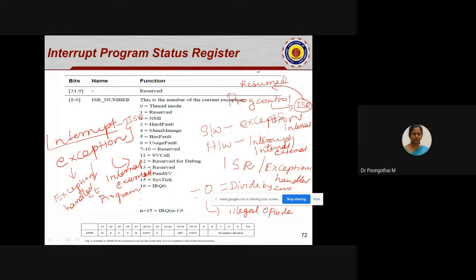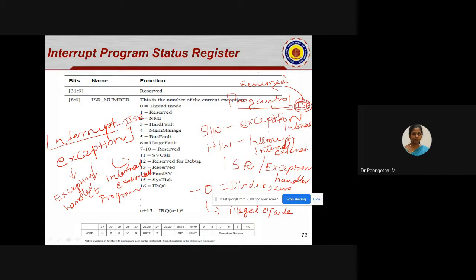Is that clear, students? Yes, ma'am. Once the interrupt or exception is activated, the processor stops its current activity and program control is transferred to the ISR. This ISR will take care of the operation related to that particular interrupt.